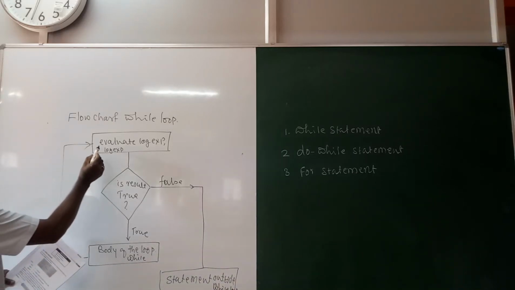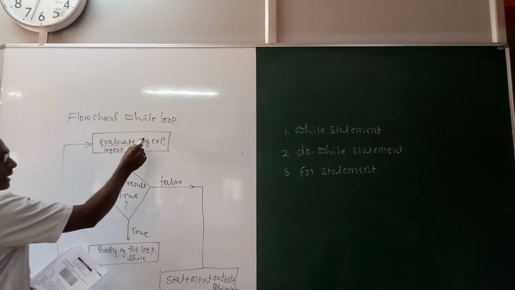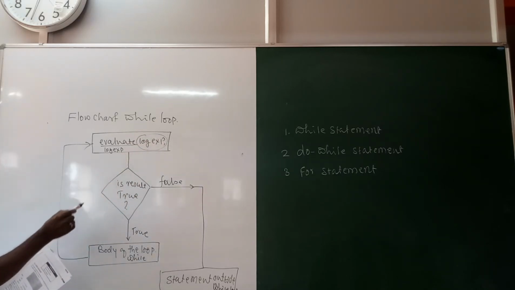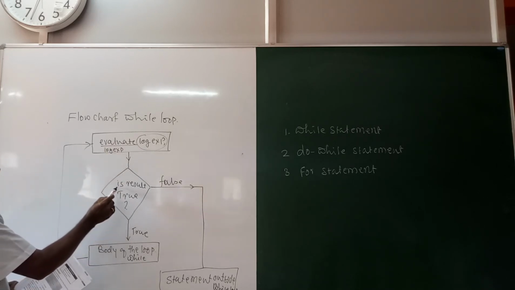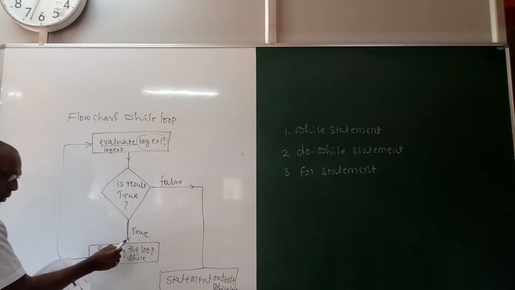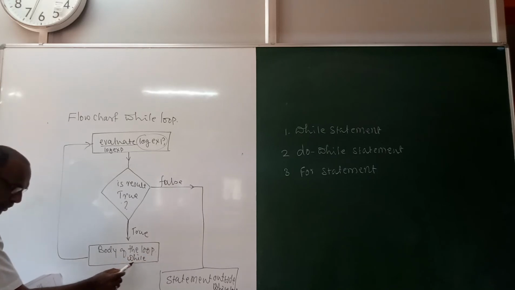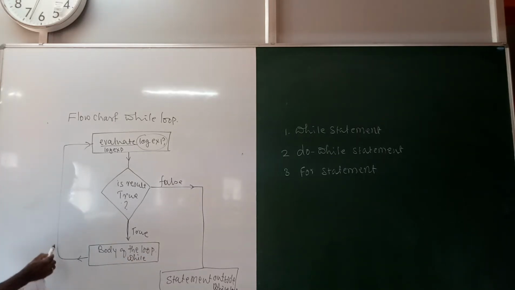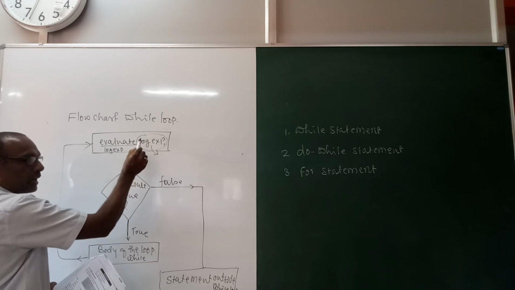Look, it will initially evaluate the logical expression. Once that expression is evaluated, it will take a decision whether the result is true or false. If the result is true, then control will move to the body of the loop. In between, statements are executed, processed, and then control will go back to the logical expression again. Here again, this logical expression is updated every time.